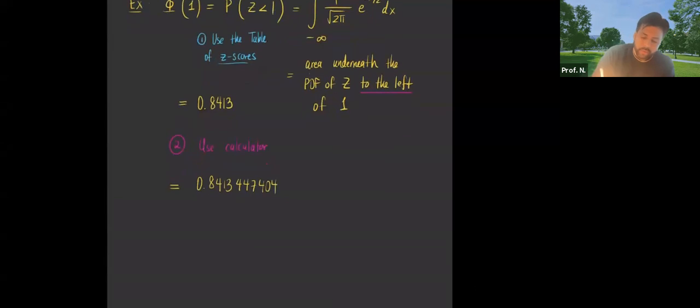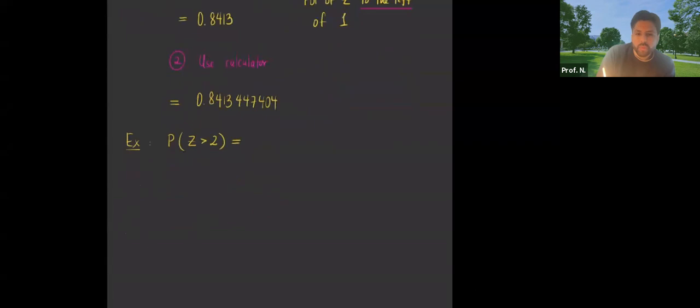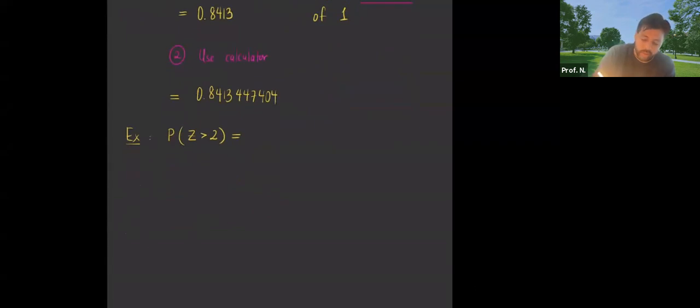what if I want to find the probability that my z value is bigger than 2? So how do I find that? And also, just go back to the graph.